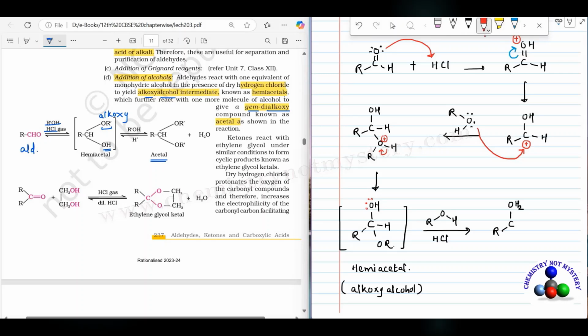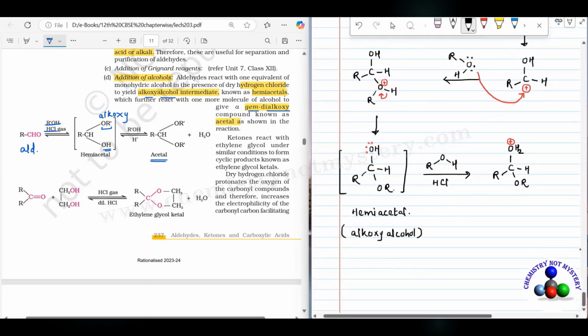Now this oxygen develops positive charge, as it has donated a lone pair of electrons to the H plus ion. Here it was H, and here it is bonded to OR. As this alcohol has a lone pair of electrons, it will attack the carbon and expel OH2 positive in the form of a neutral water molecule.